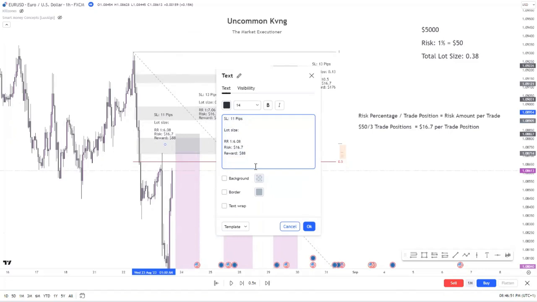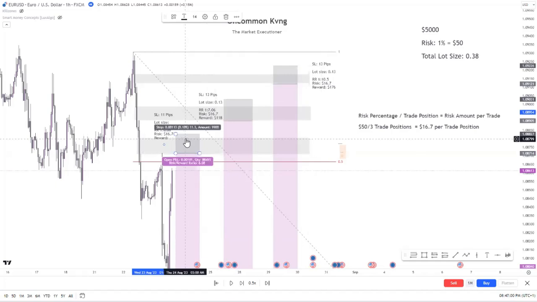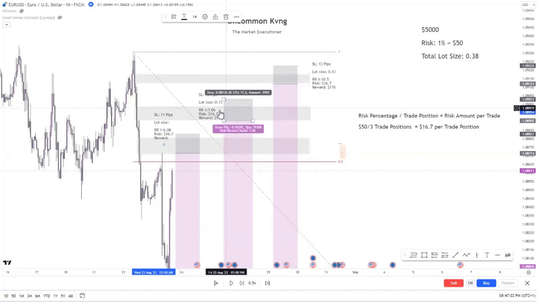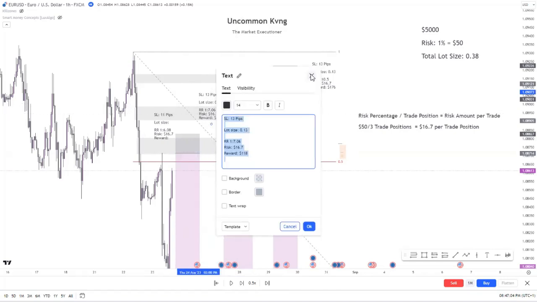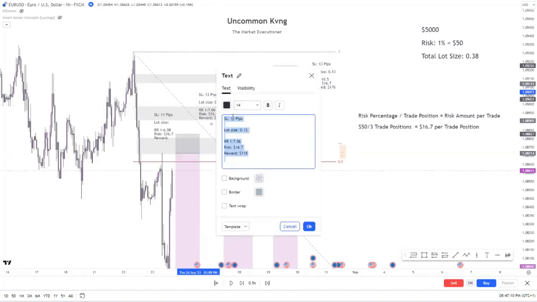So that means at this point we have to recalculate this. 1 to 6.08, right? Yeah, 11. Here we have 12 stop loss pips. This we don't know yet.